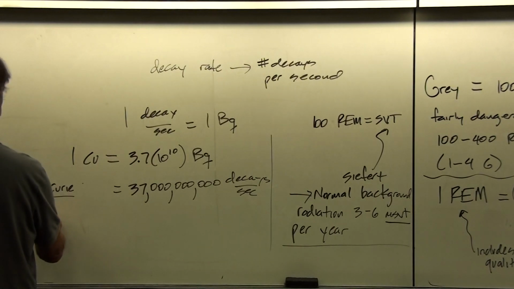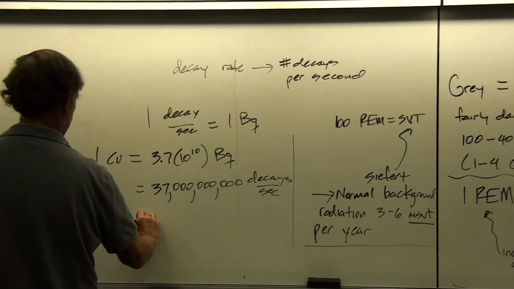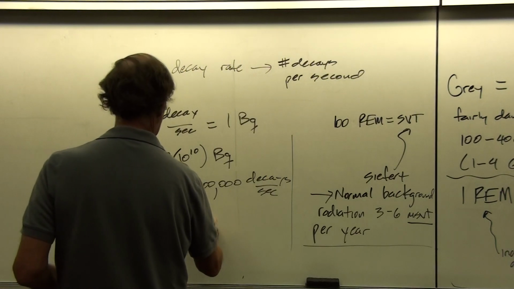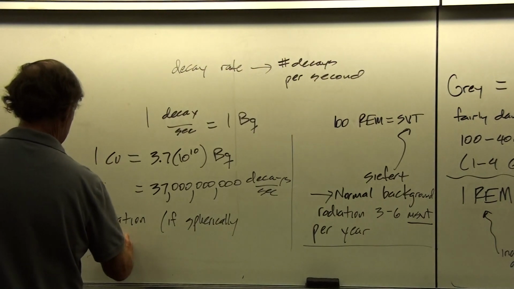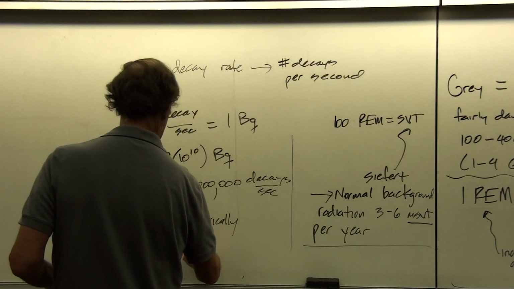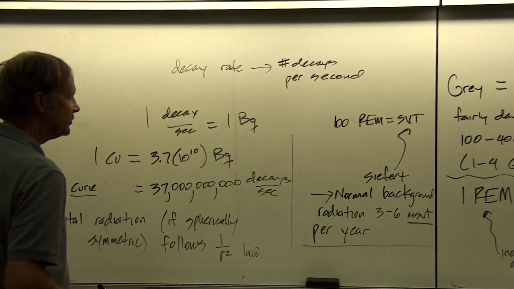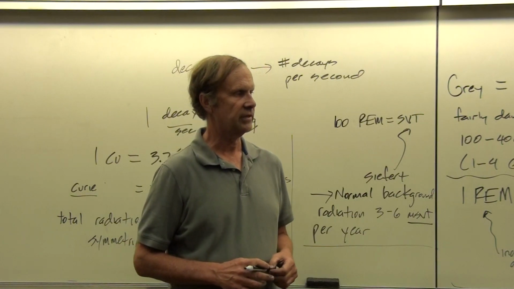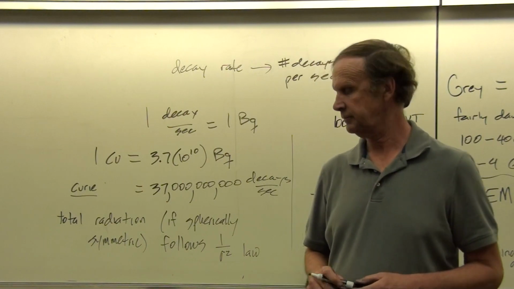So the total radiation, if it's spherically symmetric, follows the inverse square law. Meaning that if you get twice as far away from a source of radiation, that would have associated with it only 1/4 as much radiation.